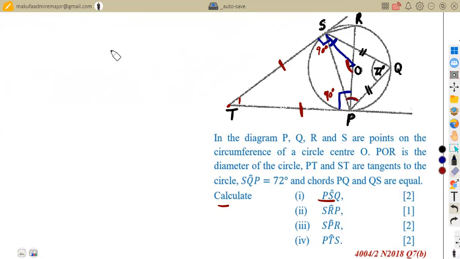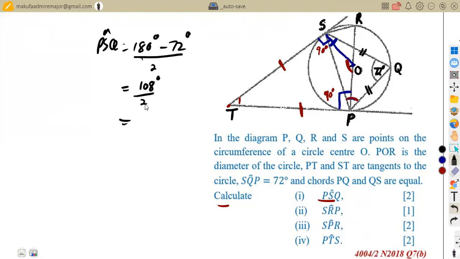So our PSQ is going to be 180 degrees minus 72 degrees, but we have to divide by 2. That gives us 108 over 2, which is 54. So this angle is 54 degrees, meaning also this whole angle here is going to be 54 degrees inside S. All right, then we move on to SRP.